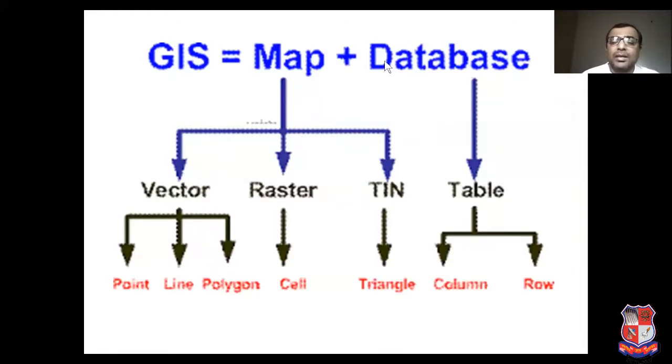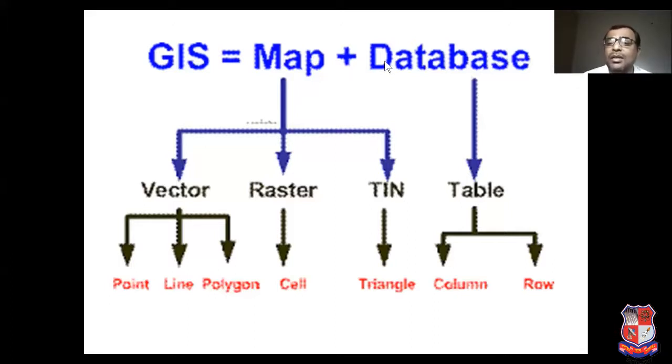Now in GIS, in a map, data can be represented in 3 different ways: in vector format, in raster format, and in TIN format. In vector format, again, data can be represented on the map by point, line, or polygon. In raster format of the map, details are shown on the map by the cell or pixel, and in TIN, in triangles, details are located on the map.